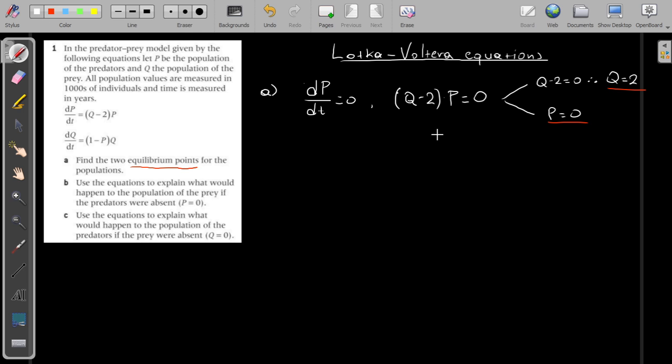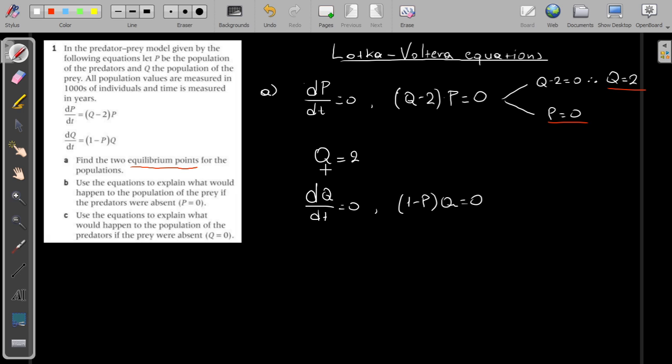Let me see what happens when Q is equal to 2. Now I'll go to my second differential equation, dQ over dt, which I also want to be 0. So it means that (1 minus P) times Q should be 0.